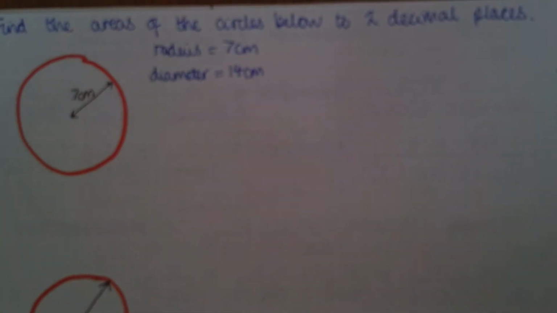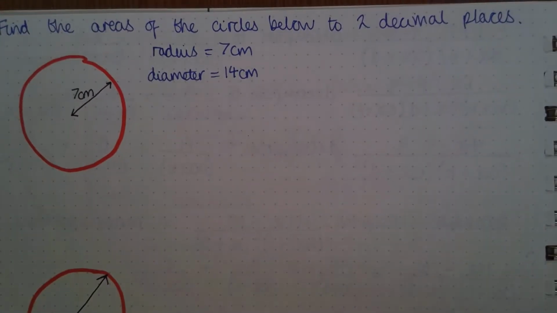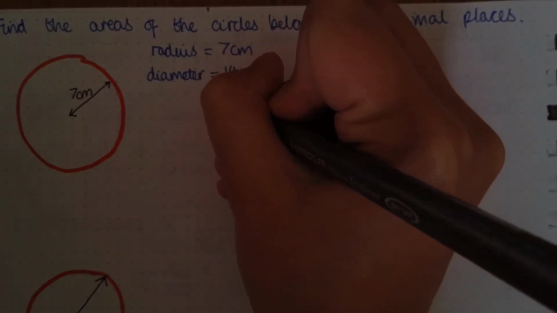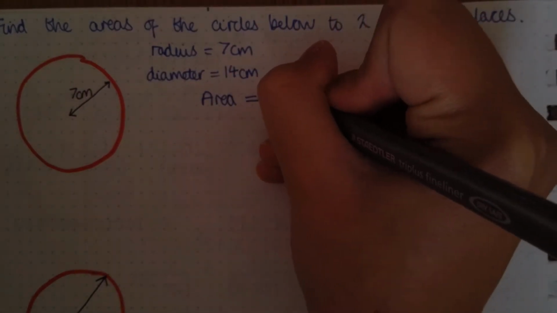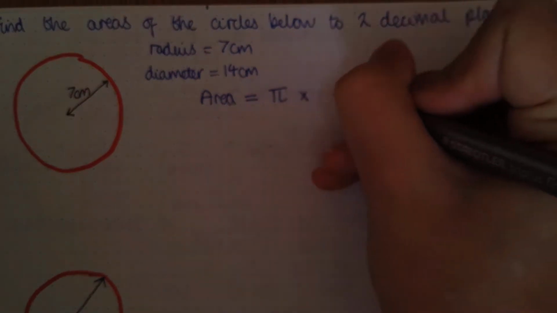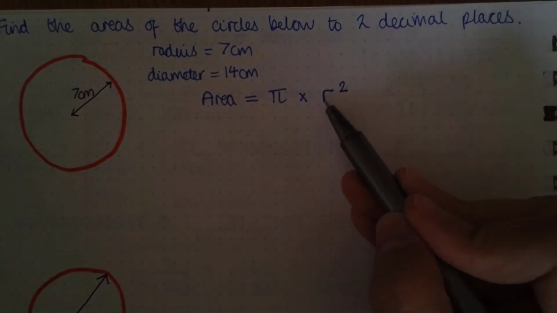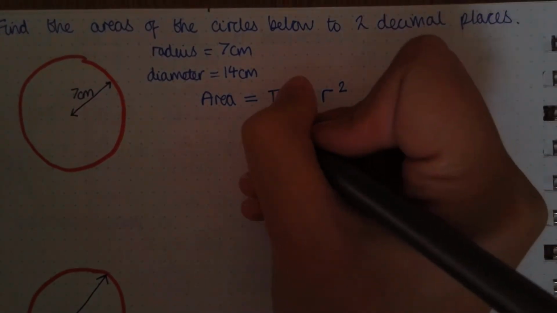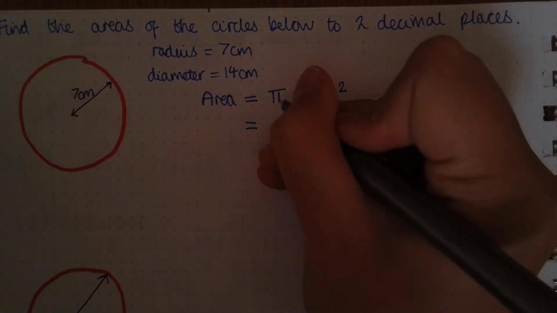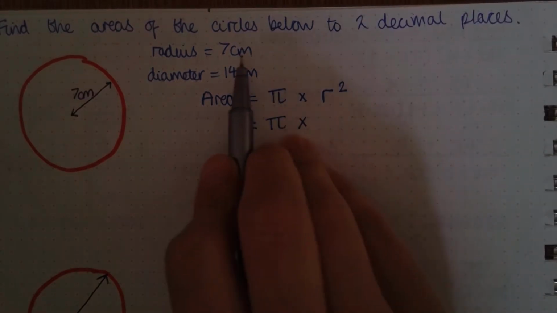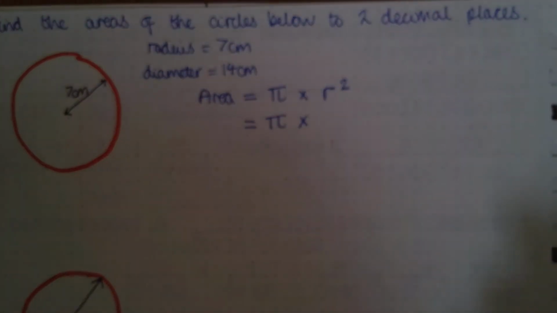Okay, to work out area, we need to use our formula. So our formula is area equals pi times r squared. It's just the r that we square. Okay, so the area, pi doesn't change, times my radius is 7.